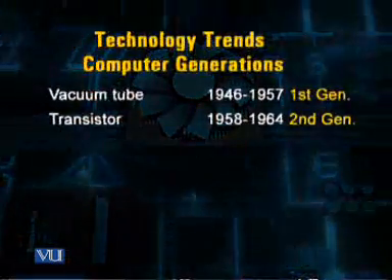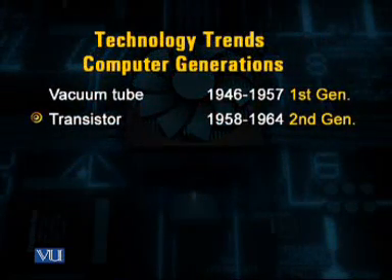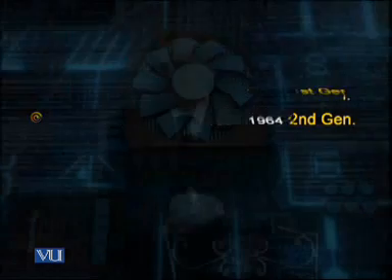In the second generation, the era between 1958 and 64, silicon and germanium transistors were introduced, which, compared to a tube, is a 1/100th size device.